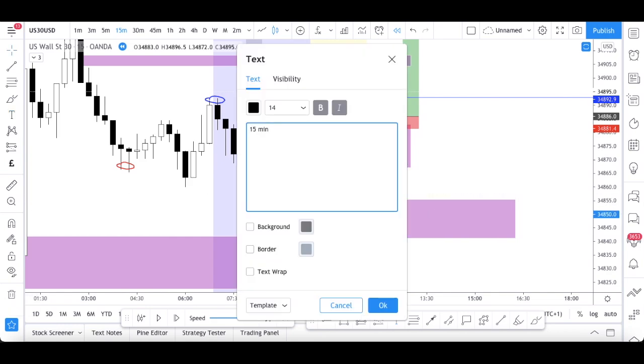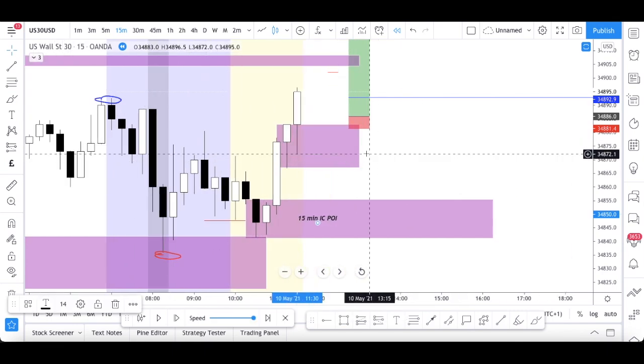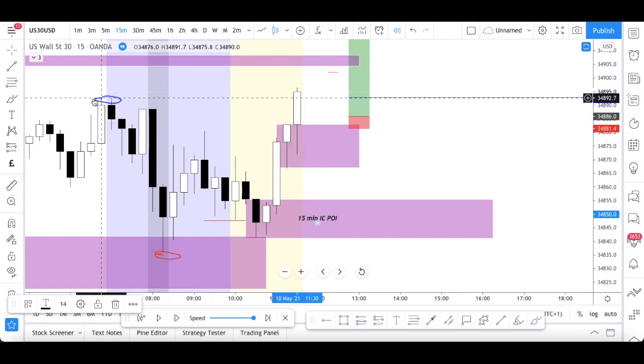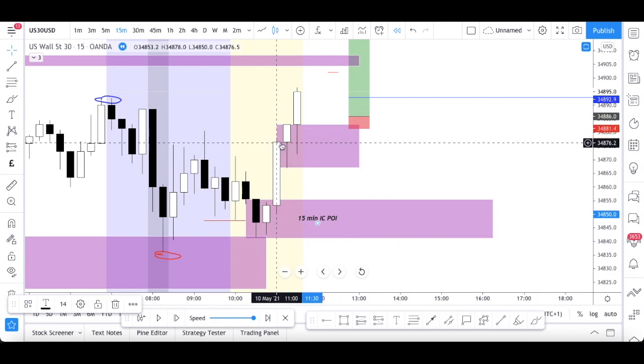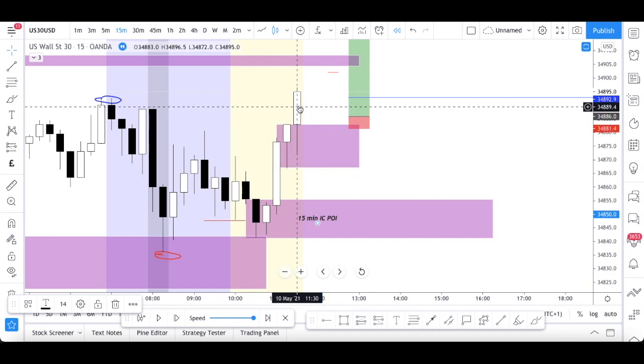So this actually marks out one of the first POIs that I was looking at. So here we have the 15-minute institutional candle POI, and the next point of interest which I was looking at was this 15-minute base. Here we can see the rally base in this little candle here, and then the rally upwards that took out this area of structure. So this base here, we can see, on the 15-minute, looks like just a simple three candlestick pattern creating the rally base rally formation.